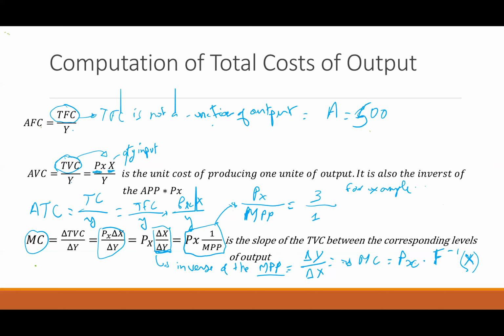For example, if we consider increasing output by 100 bushels, we need to add 100 pounds of fertilizer.